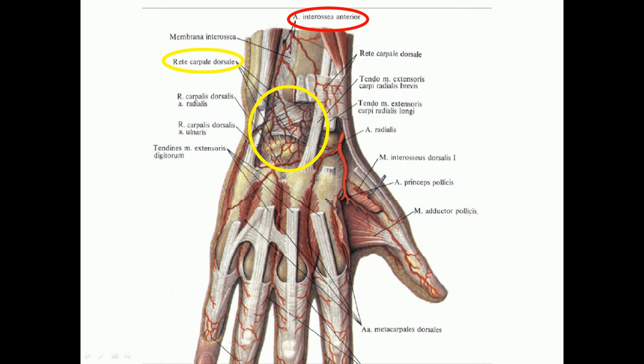Where are they placed? On the membrana interossea antebrachii. So anterior arteries penetrate this membrane, and we can find them here. Arteria interossea anterior. Sure, arteria interossea posterior also takes part, but here we can see arteria interossea anterior.